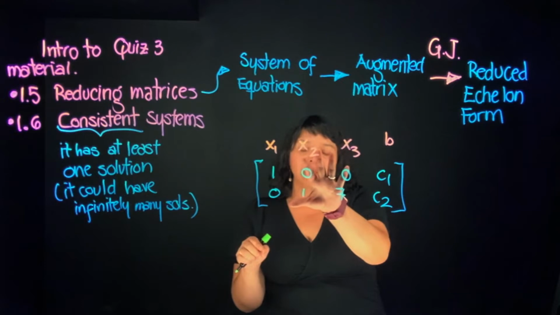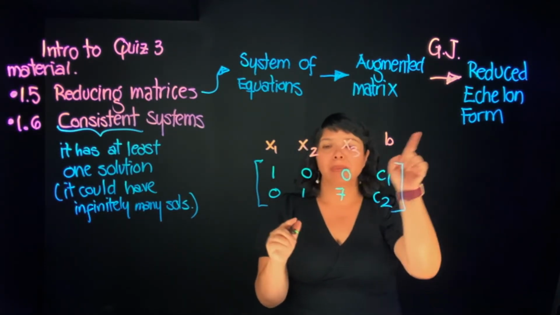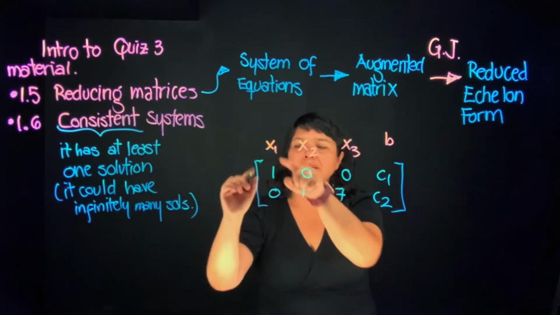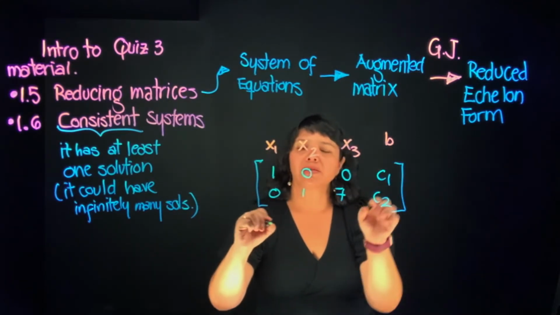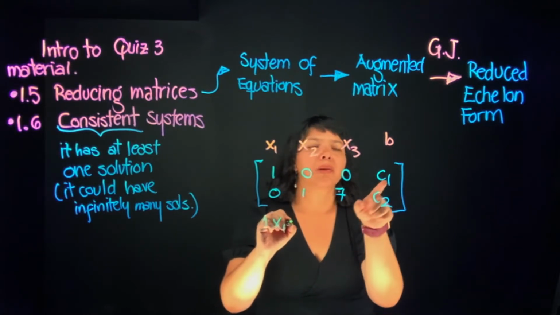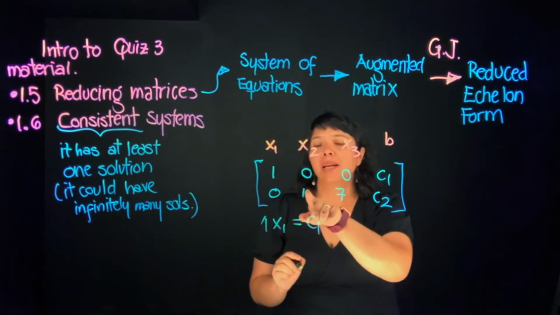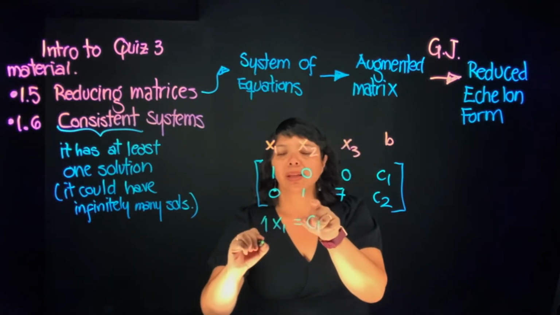And that means that out of this, I can see what would happen with my solutions. So reading out of this, 1 times x1 is equal to c1, so x1 equals c1.